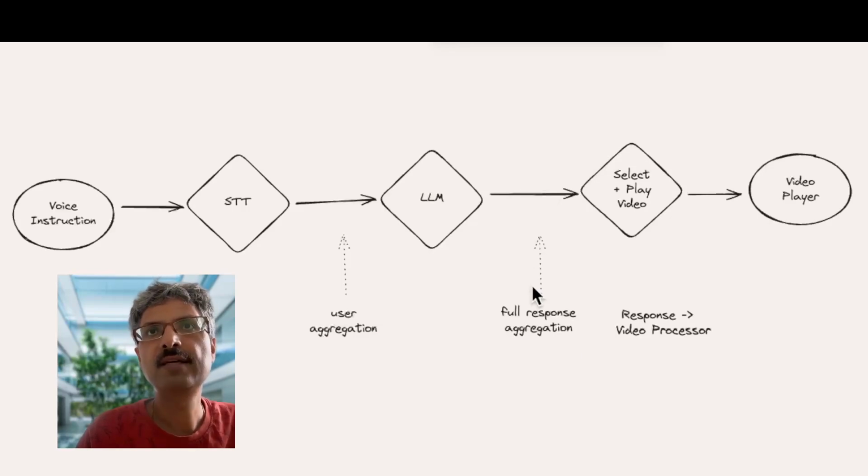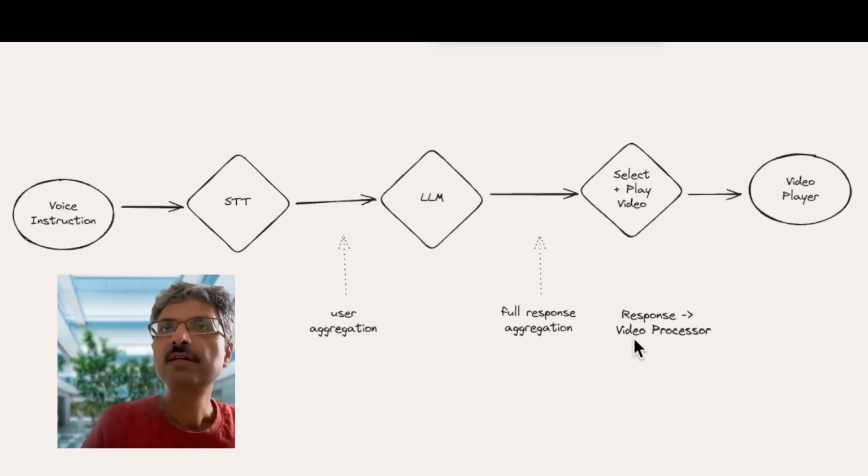And once we have that, we extract the video ID from it and play the video. So this module essentially takes that full response and runs a video processor which reads the file and plays the video.